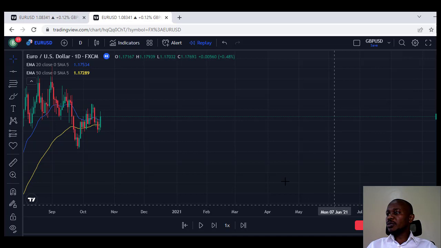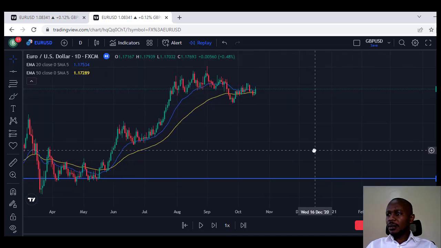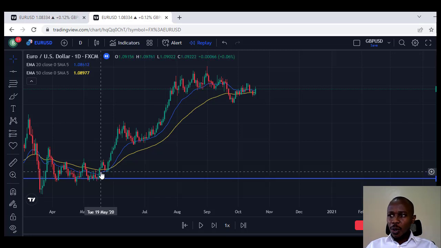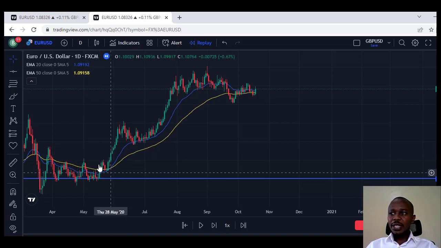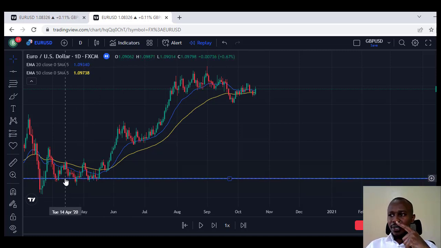Of course, it has started some changes. Having started at this point over here, whereby we had put our support and resistance line, you can see there has been a change of direction based on how the 20 and 50 moving average have crossed. Later on, we'll be discussing these kinds of crosses and what they mean. So this support here has tried to push the price upwards.